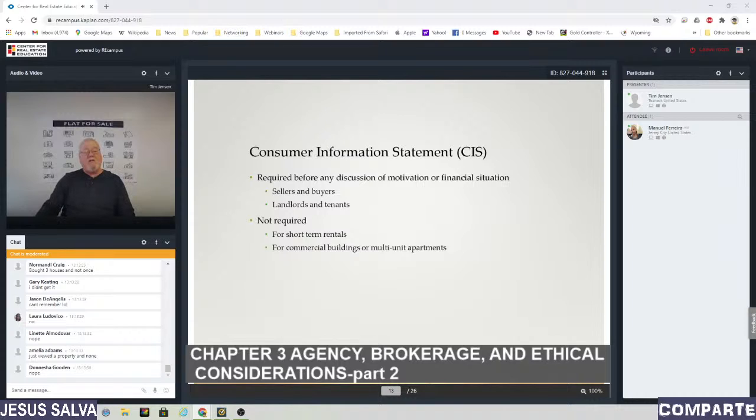But the contract stipulates that you, the buyer and seller, did sign a Consumer Information Statement before any talk of real estate occurred. So if you're lying on a form and the realtor's lying on a form, there's a big problem for a lawsuit that could be developed for some reason. And it's not from consumers, it could be from the Real Estate Commission itself against the salespersons.